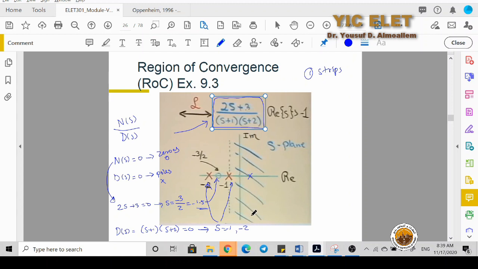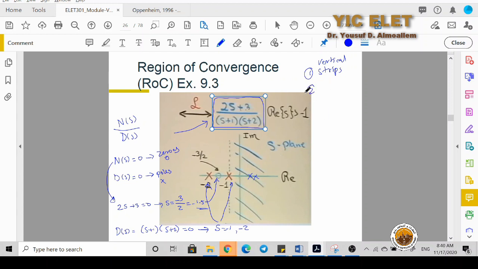If it is also converging for another value of omega, it will be converging for all different values of omega. So that's why it will be vertical strips. From minus infinity to plus infinity, we're talking about the imaginary part.